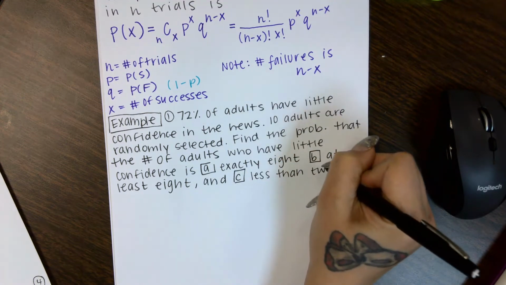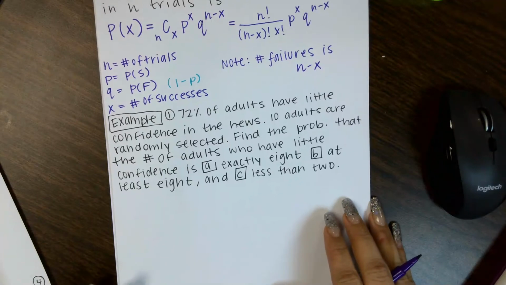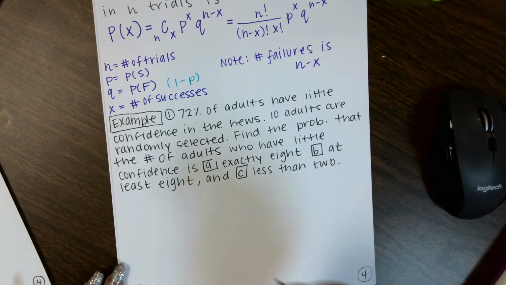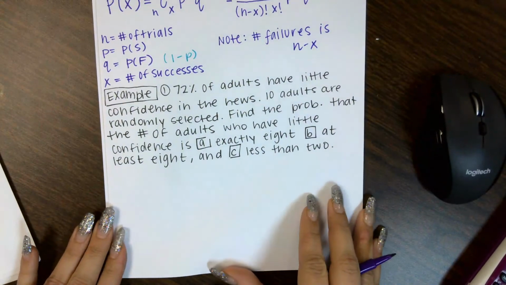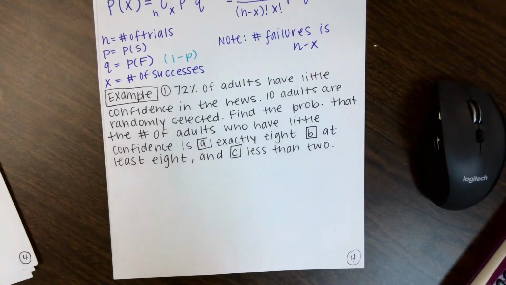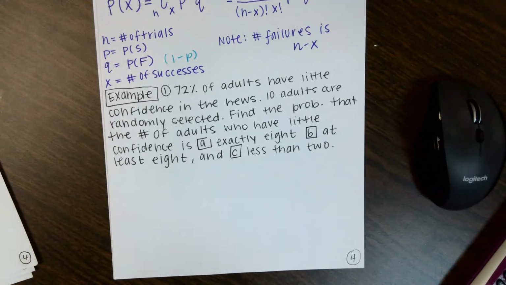So you really have to understand exactly, greater than, between, inclusive, less than, right? Obviously, we've been having to care about that, and we still do. So let's go ahead and start working on part A. Before you can actually figure out the probability, you still have to define n, p, q. You still have to define all of that, okay?